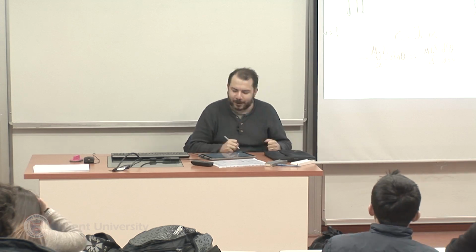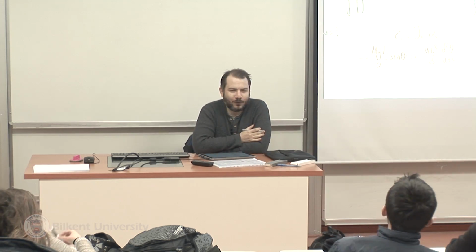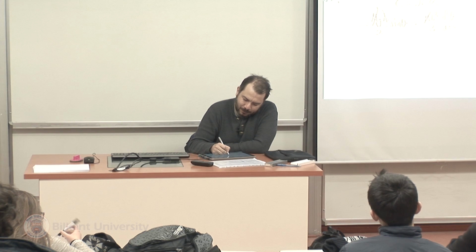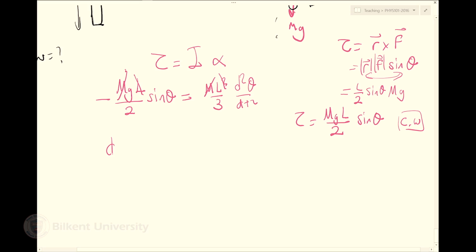I have to put a minus sign on one of those quantities. Okay, good. So one power of m cancels, one power of L cancels. I have d squared theta dt squared is minus 3 halves g over L sine theta.